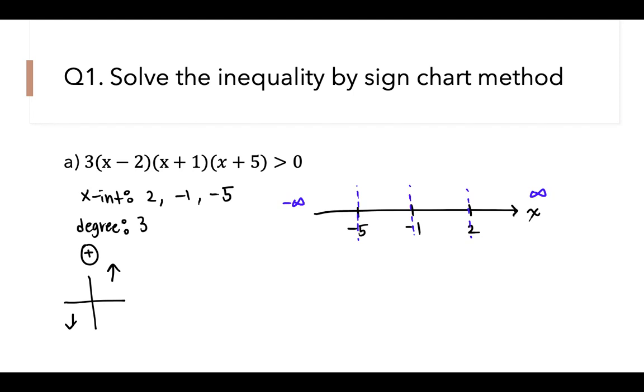So let's start from left to right. Let's pick any number that is smaller than -5. For example, we could choose -6.